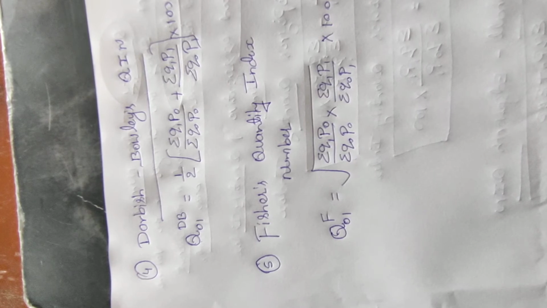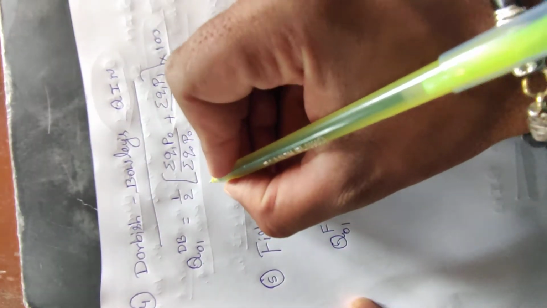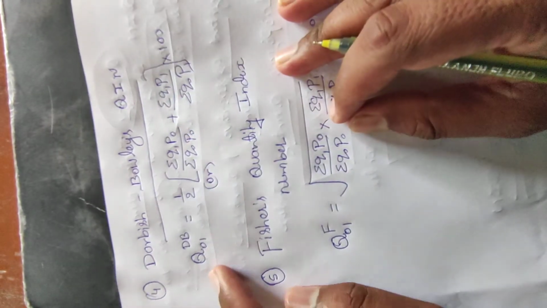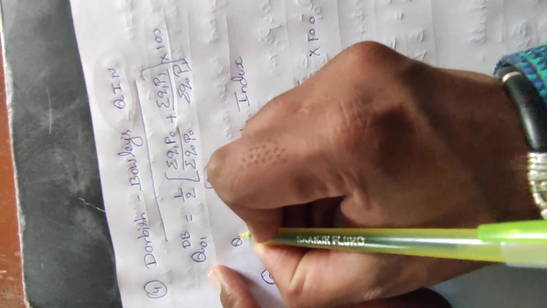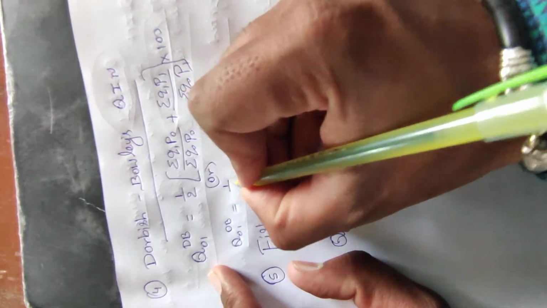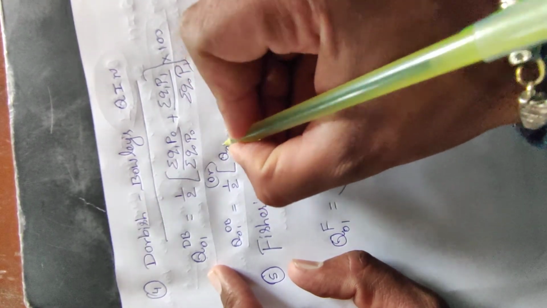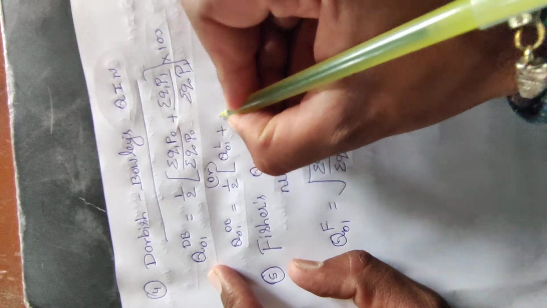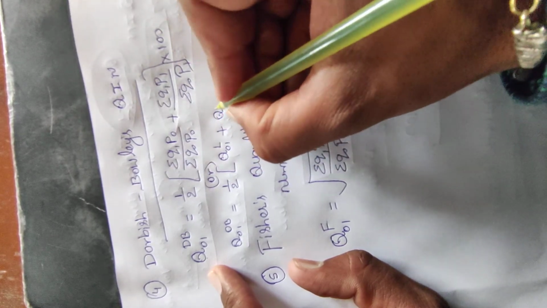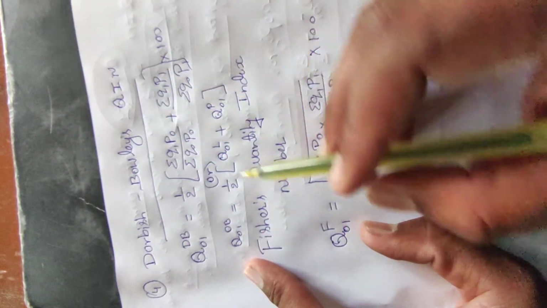There are alternative formulas for the Drobisch-Bowley and Fisher's quantity index numbers, so I will write them here. The alternative formula for the Drobisch-Bowley quantity index is Q01 dB equals 1 by 2 bracket Q01 L plus Q01 P, where Q01 L means the Laspeyres quantity index and Q01 P means the Paasche quantity index number.